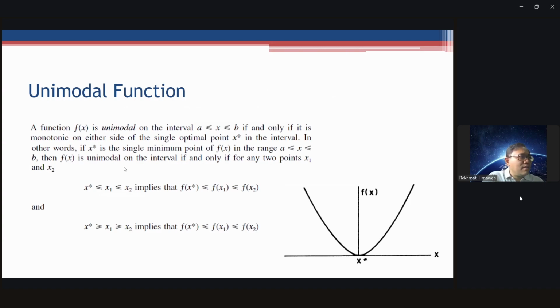In other words, if x star is the single minimum point of f(x), so here, the single minimum point, there is no other point that is less than this x star, and the range between a and b is somewhere in here, between a on the left side and b on the right side, then f(x), this function, this curve, is unimodal on the interval a and b if and only if for any two points x1 and x2 we have applied this.